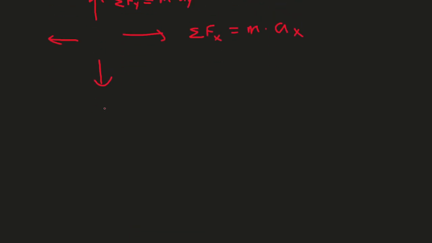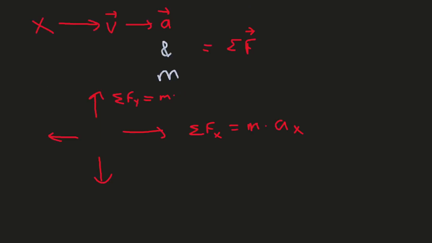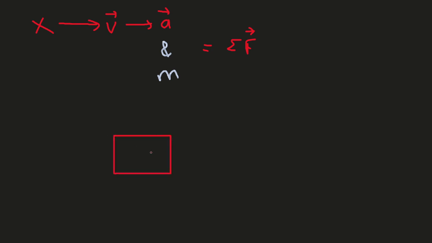Okay, so now let's talk about balanced and unbalanced forces. So what are balanced and unbalanced forces? So if an object has, let's say this box, has the same equal forces acting opposite of each other, and forces come from the middle of the object.